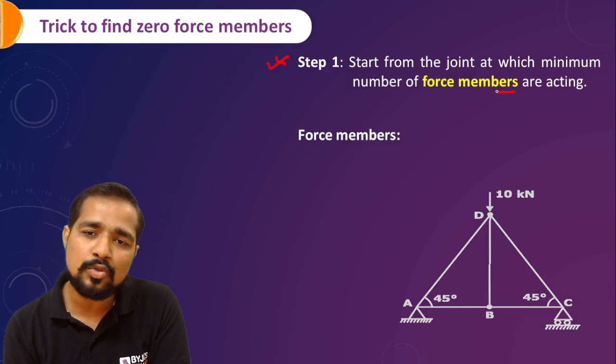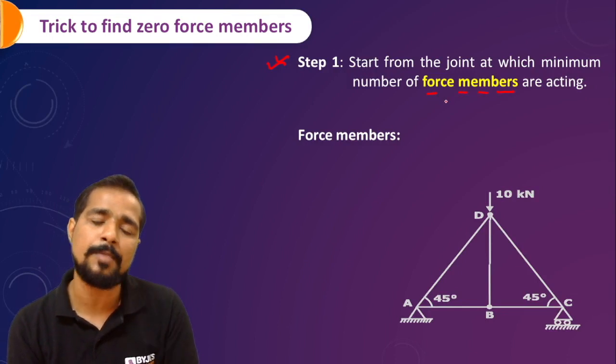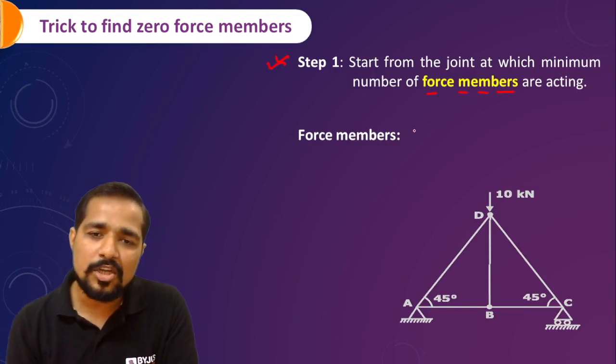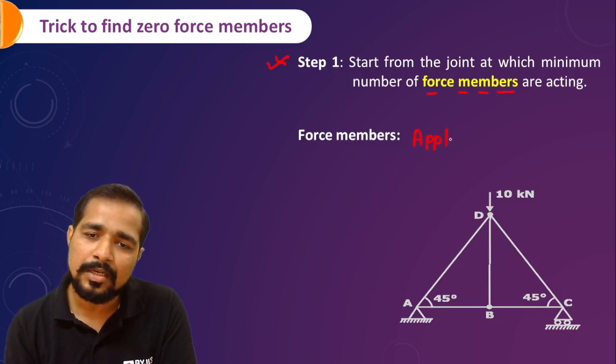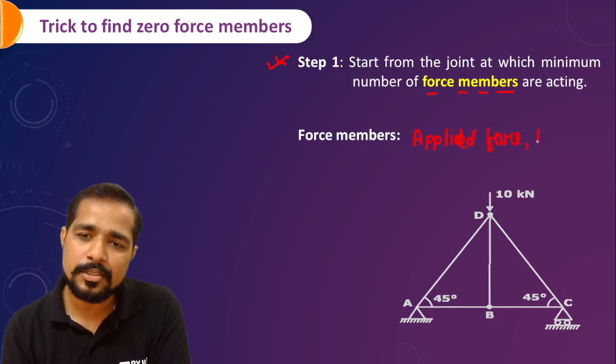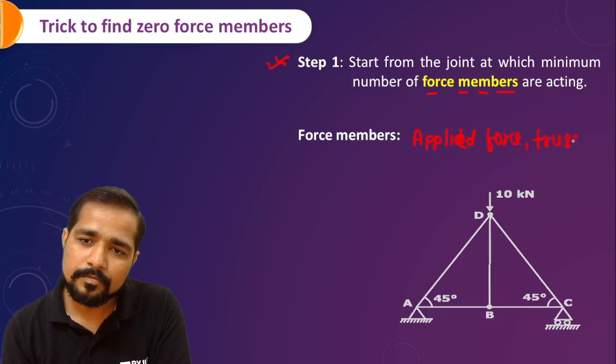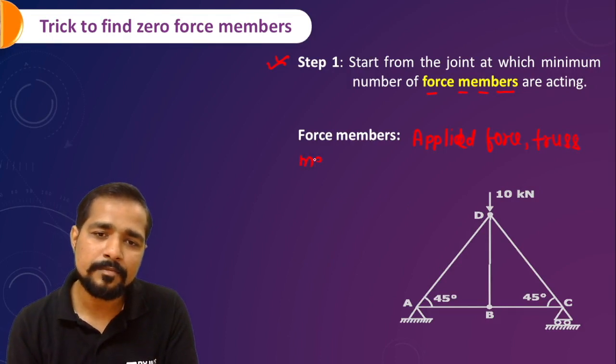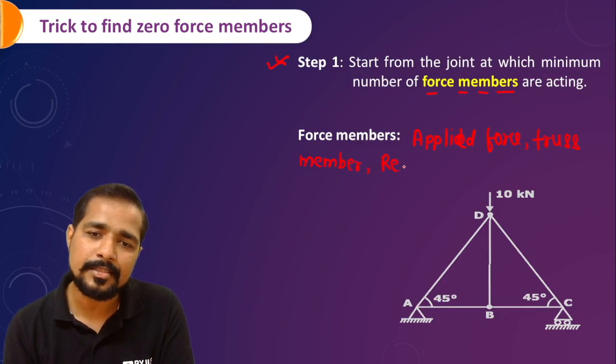First of all, we need to check what a force member is. Force members include the applied force, truss members, and the third one is the reaction.